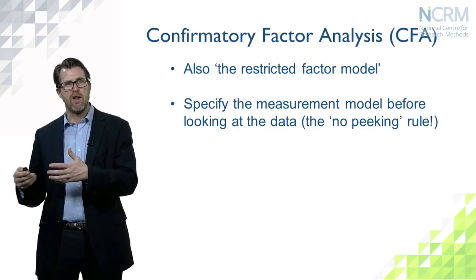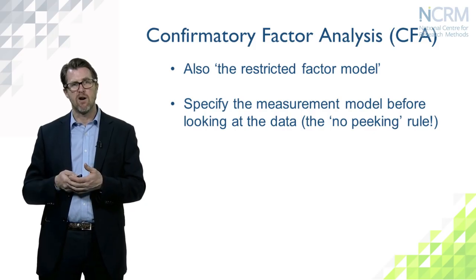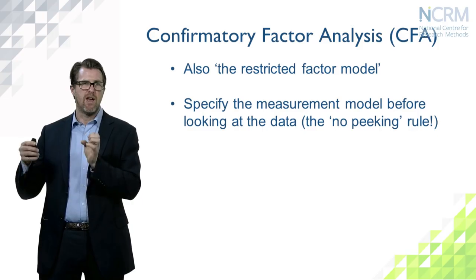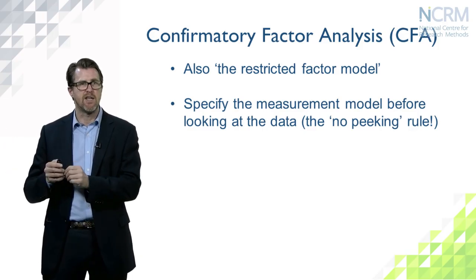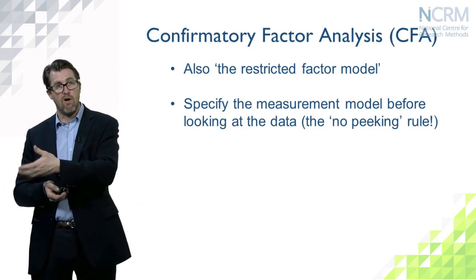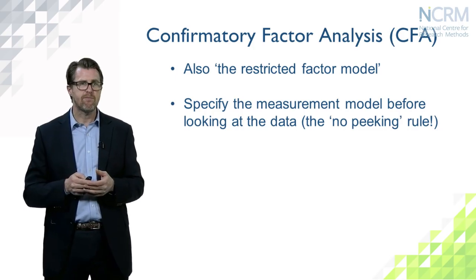If we have a theory about how the indicators are related to our concepts, then we should set that down a priori as our theory and then test it against the data, rather than tweaking our theory as a function of the particular sample data that we happen to have.